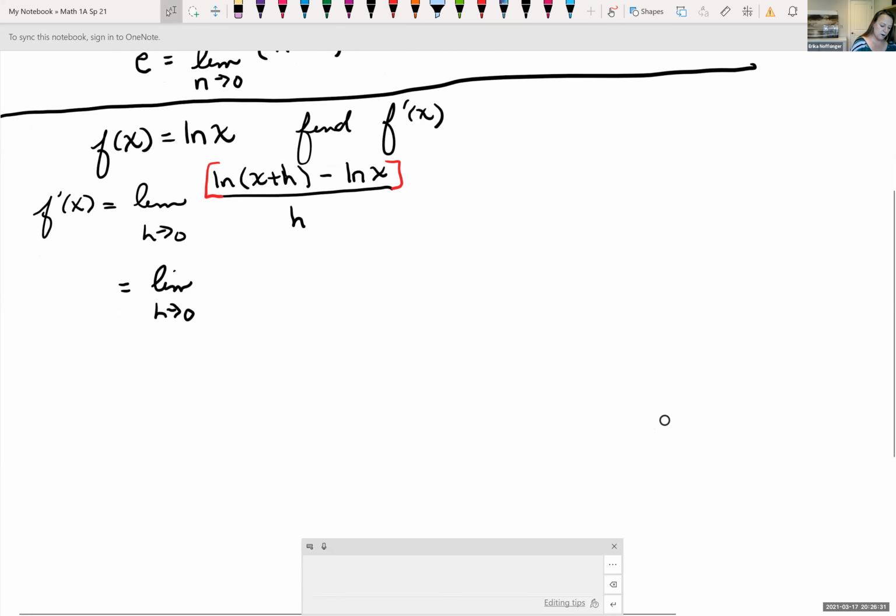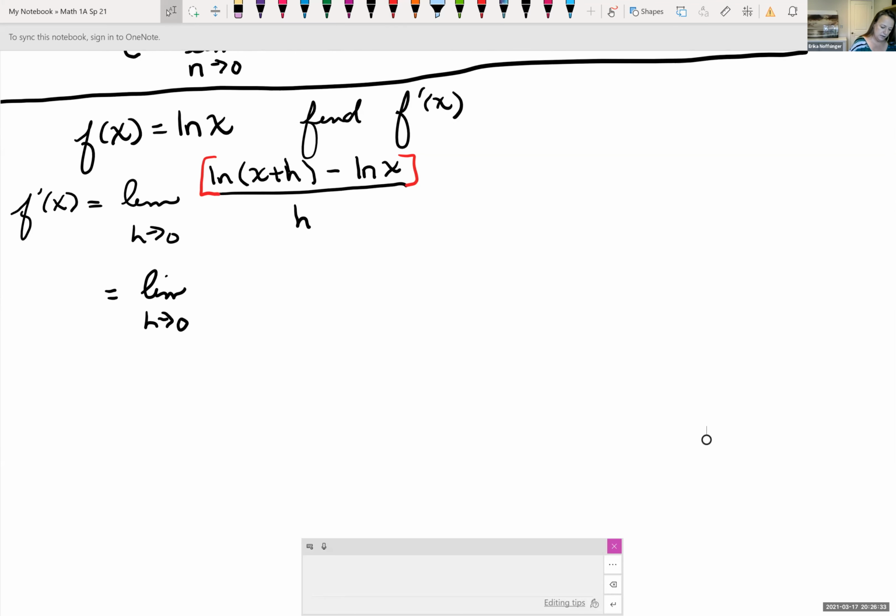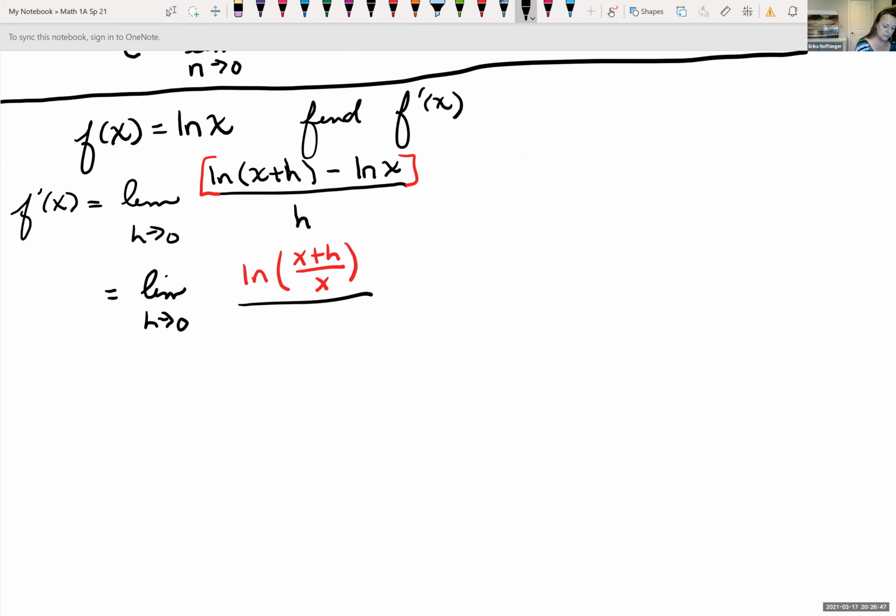So I'm going to rewrite that as the natural log where my numerator is going to be x plus h, and my denominator is going to be just x. So using rules of logs, I did that, all divided by h.